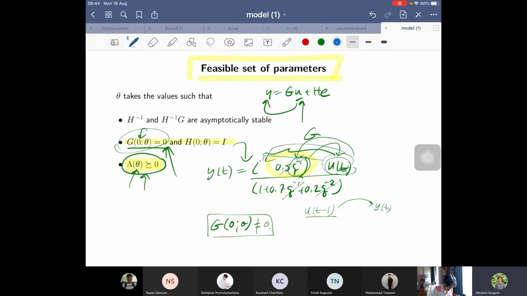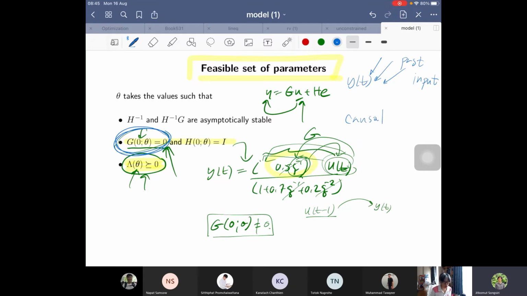So these conditions that we apply on G basically mean that the response of y_t can only come from the past input. That represents the causal property of the system.